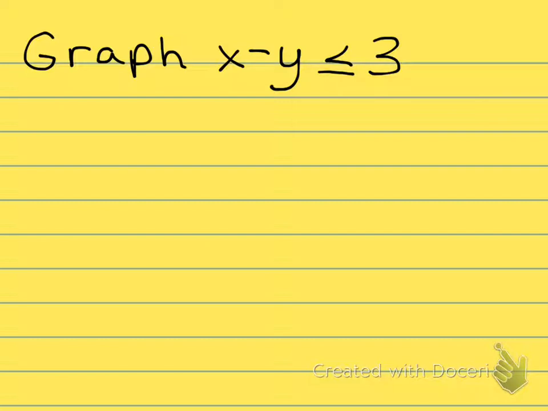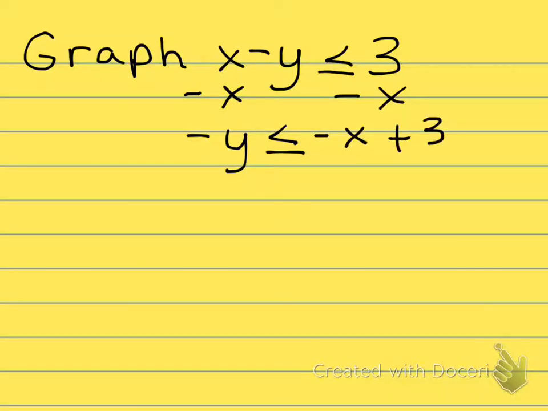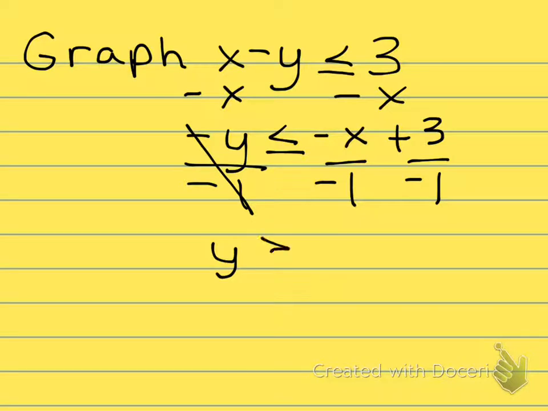Again, I'm graphing this. I need to make sure this is in slope-intercept form, which it is not. So I have to move the x first, keep the symbol, and then I'm actually dividing everything by a -1. And even if I'm doing it in this process, I still need to flip the symbol when I divide or multiply by a negative.